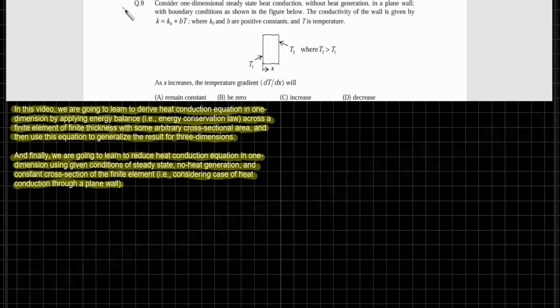Since we are going to use this question as a learning reference, which is from GATE 2013 ME-ZA, let's first read out this question and try to analyze and understand it, what is given and what is asked.